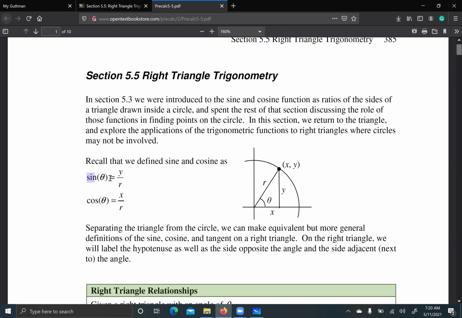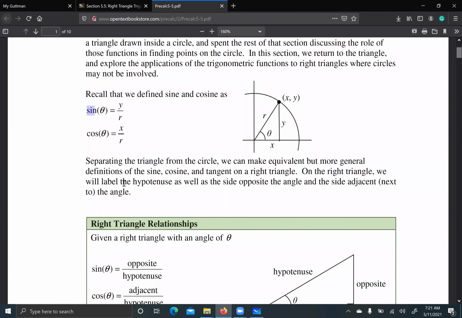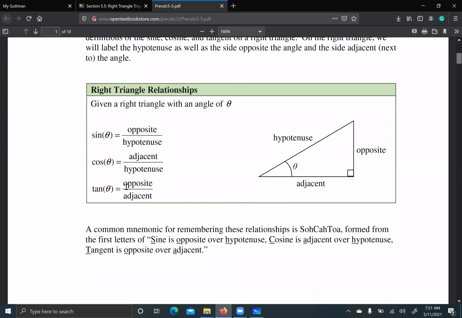What is sine of an angle? We created the right triangle, and then we took the ratio. So these functions are just ratios of sides of a triangle. Even if there is no circle, as long as we have a right triangle, we can still study those trig functions.